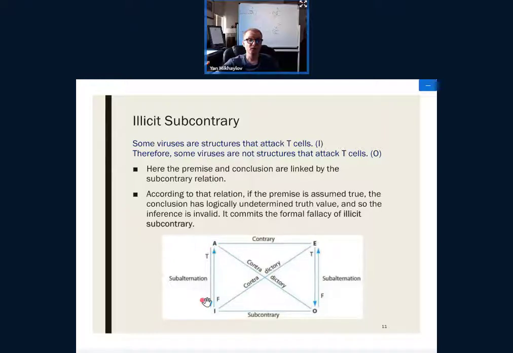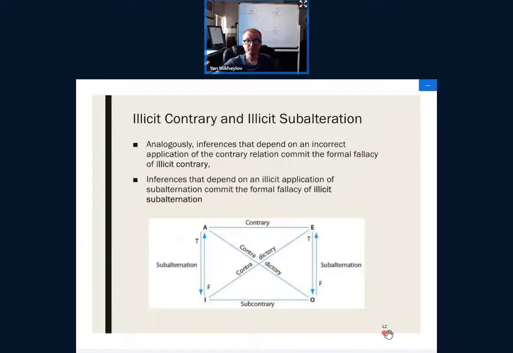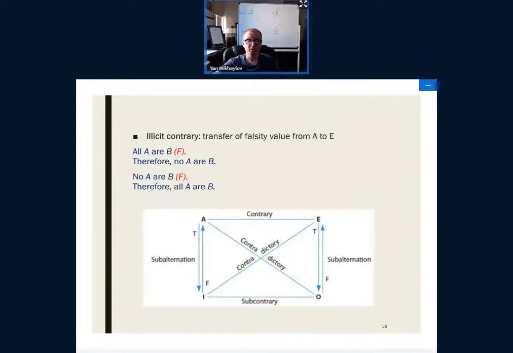But if you do it invalidly, then it is illicit, whatever it is. Illicit contrary, illicit subalteration, illicit subcontrary. We do not say illicit contradictory, because illicit contradictory is just invalid. But with these new ones, we do name them this way.